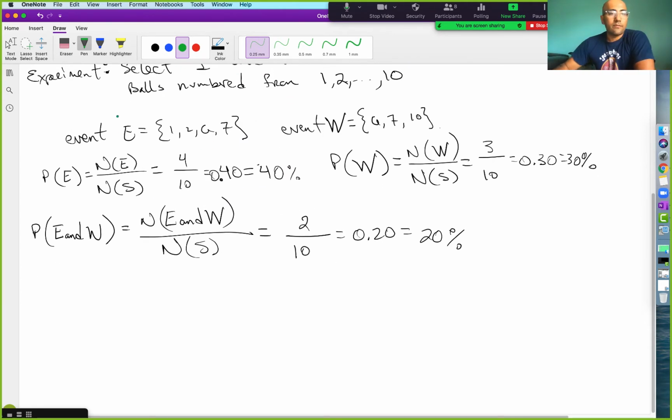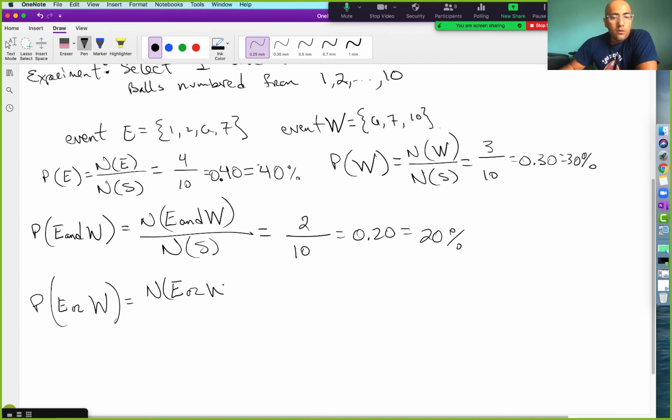E or W. Okay, so let's write that down notation-wise. The probability that E or W happens, good. This is going to be equal to the number of ways. We have two ways to figure this out, so we'll do it both ways. One of them is to count things. Since we do have the benefit of a nice Venn diagram, we can just count things.